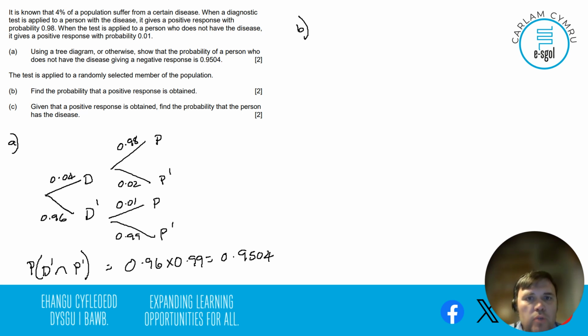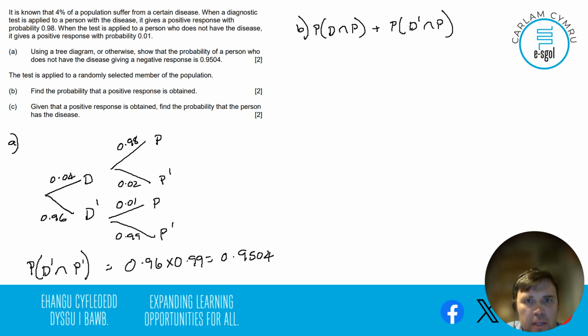Well, you can have 2 different positive responses. You could be with the disease and positive, or without the disease and positive. So it's again the probability that you have the disease and positive, or, which I'm going to put as plus, the probability that you don't have the disease and positive.